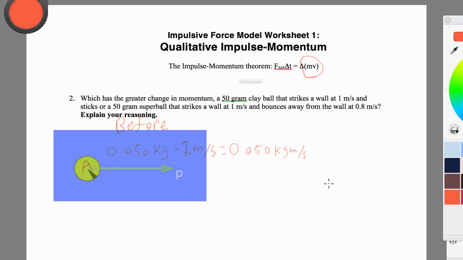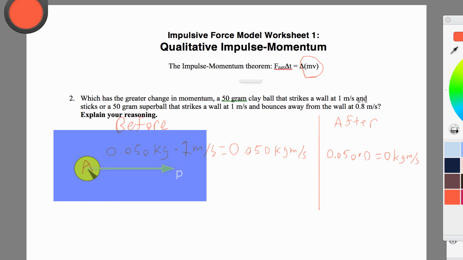So after, what was the momentum is 0.050 times 0 equals 0, and I didn't write the units there, kilogram meters per second.